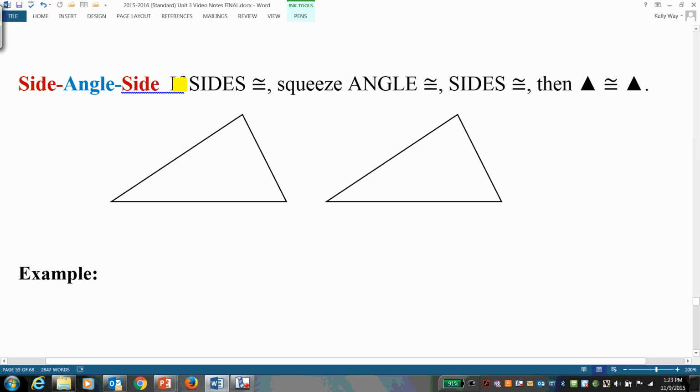This reads, if sides are congruent, a squeezed angle is congruent, and then another set of sides are congruent, then the triangles are congruent. Let me show you what this looks like.